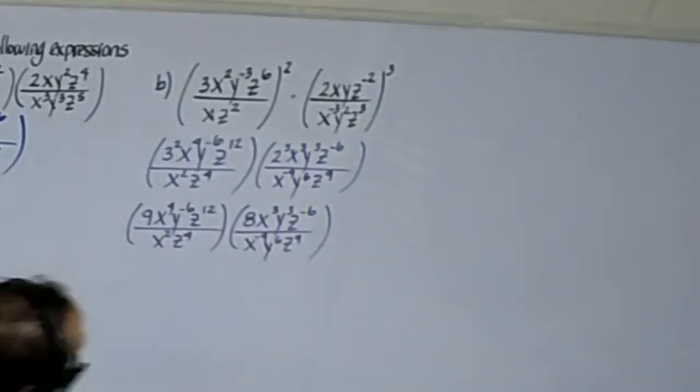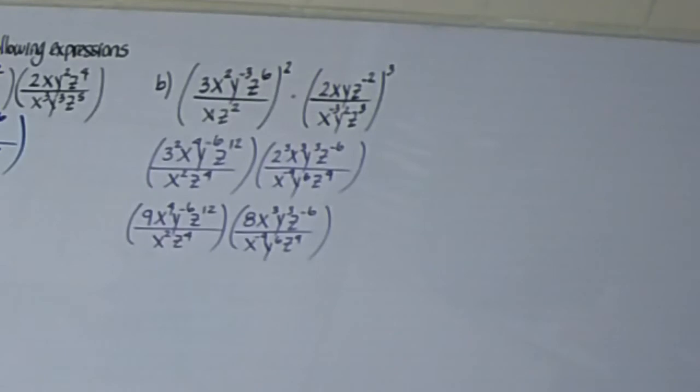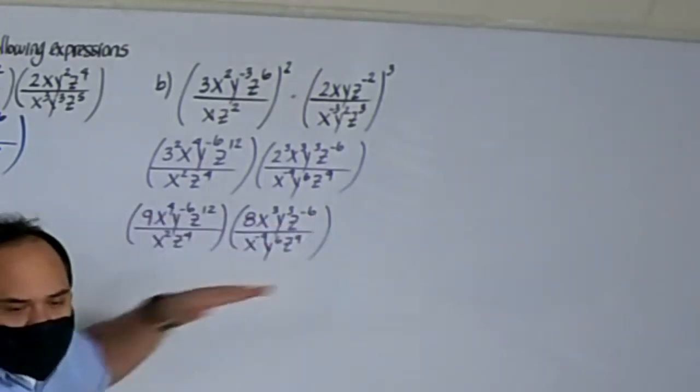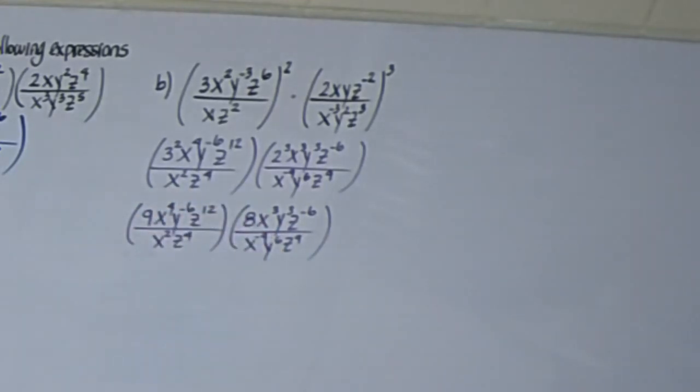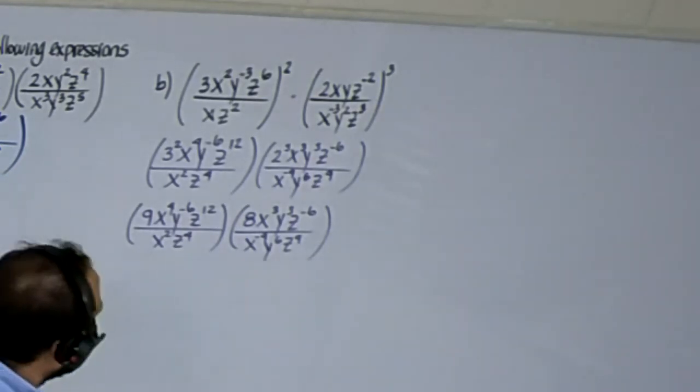Okay? Now, because we are simplifying the power of power rules, now we're going to proceed to multiply the fractions in a straight line, upward with upward, and downward with downward, just to combine it in one single operation.